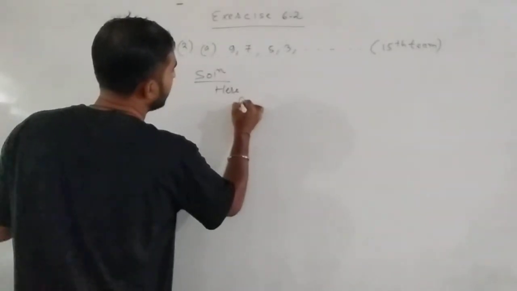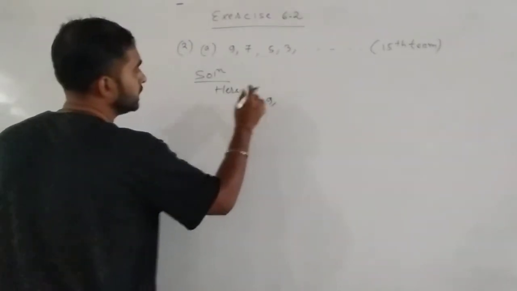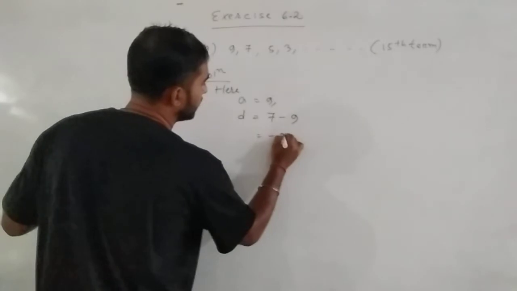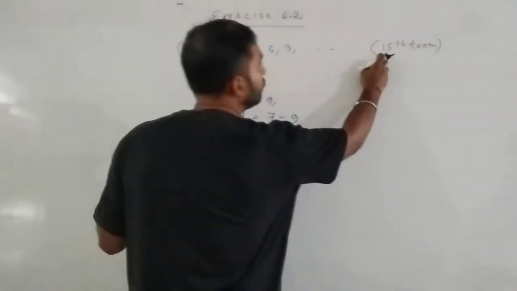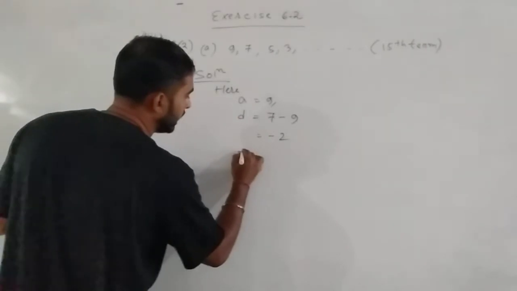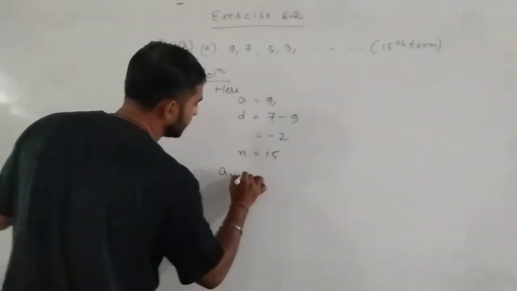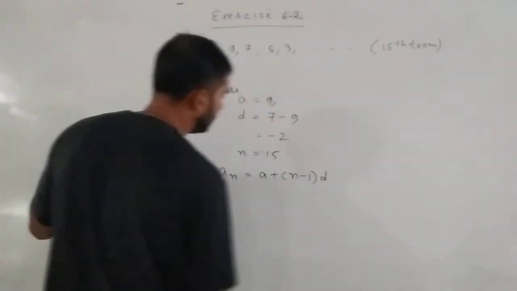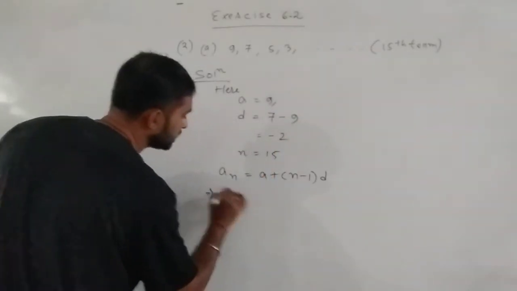So here the first term, that is A, equal to 9. D, the common difference, that is second term minus first term, is equal to minus 2. We are going to find the 15th term, that is n equal to 15. First of all the formula is an equal to a plus n minus 1 d. Now for the 15th term, replace n by 15.